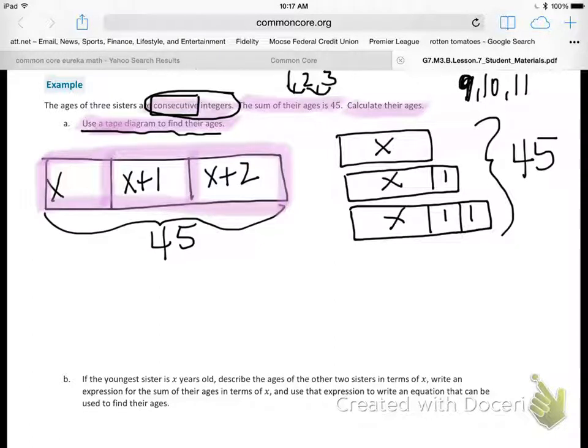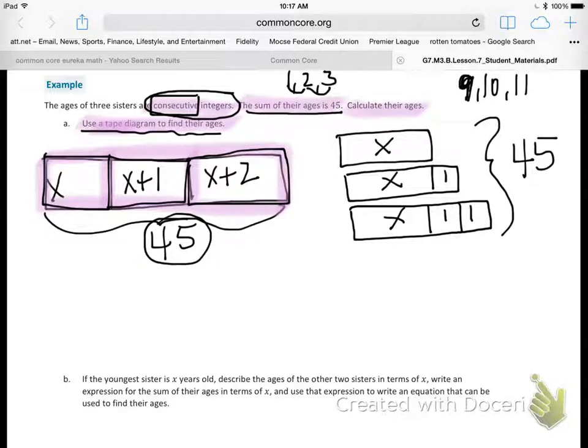So I have represented it a few different ways. I represented the first integer as x, and then the next integer would simply be x plus 1, and then the next one would be x plus 2. I know they're all going to add up, because they told me the sum of their ages is 45, so all of those together is going to equal 45.